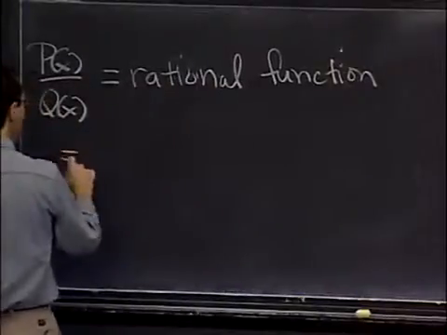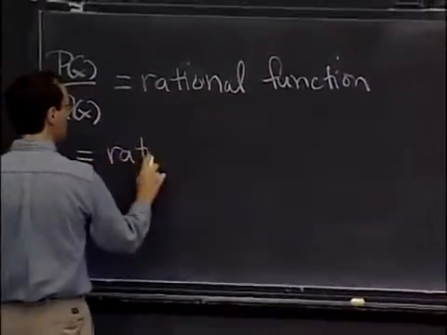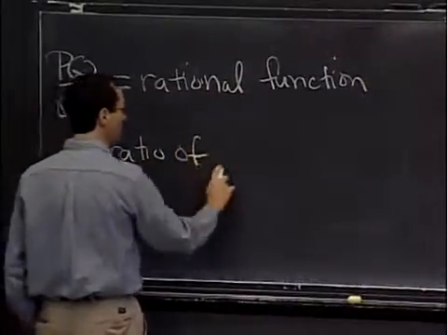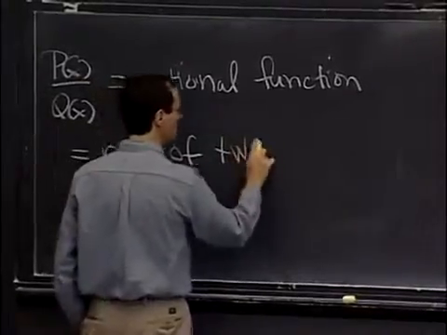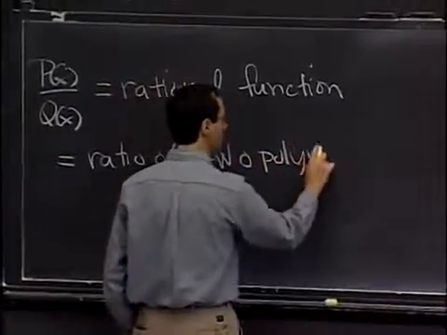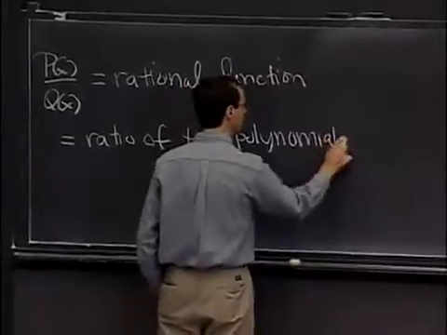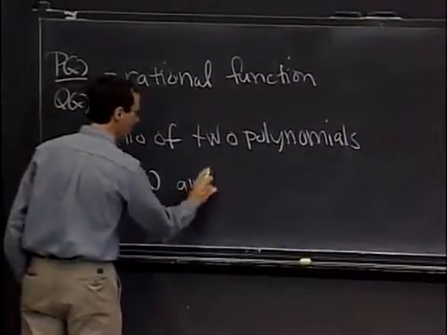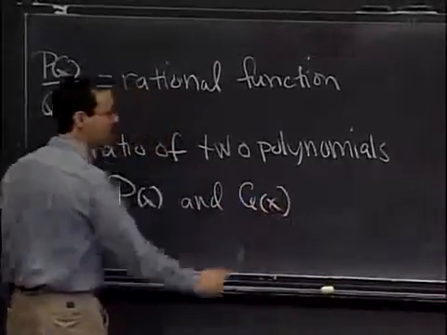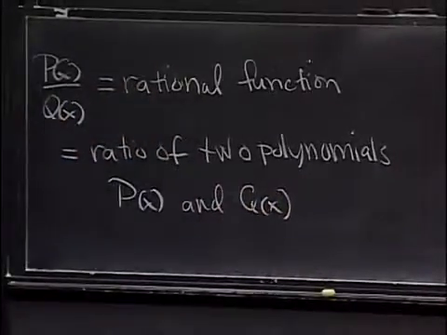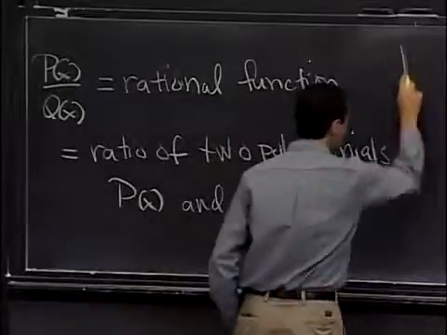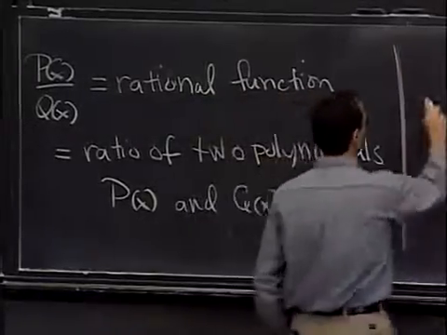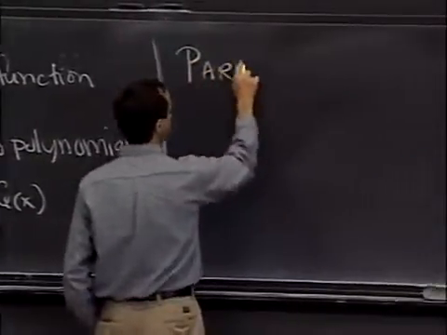All that means is that it's a ratio of two polynomials, which are these functions p of x and q of x. We'll handle all such functions by a method which is known as partial fractions.